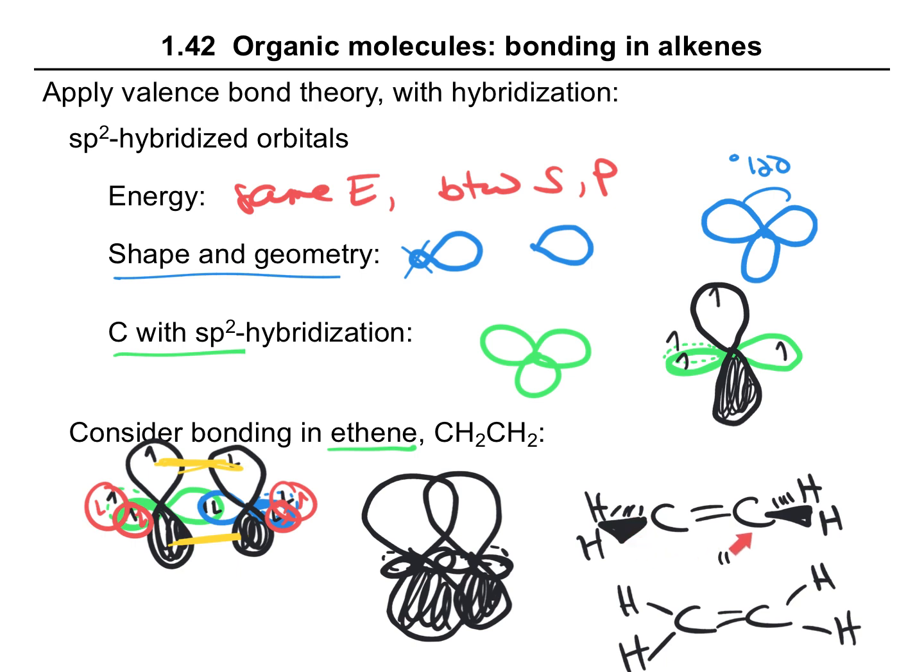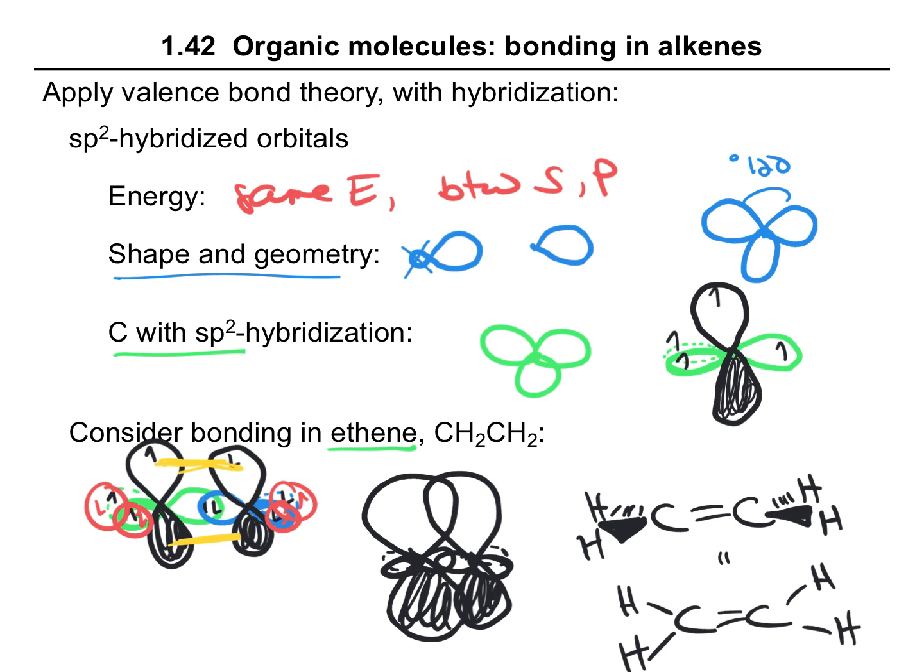So if we're looking at it like this, we need to remember that the sigma bond between the two carbons has the electron density along here, and the pi bond between the two carbons has electron density up above and down below. If we're looking at it from this perspective, that means that our sp2 orbitals are all in the plane, and then our p orbitals would be in front of the screen and behind the screen.